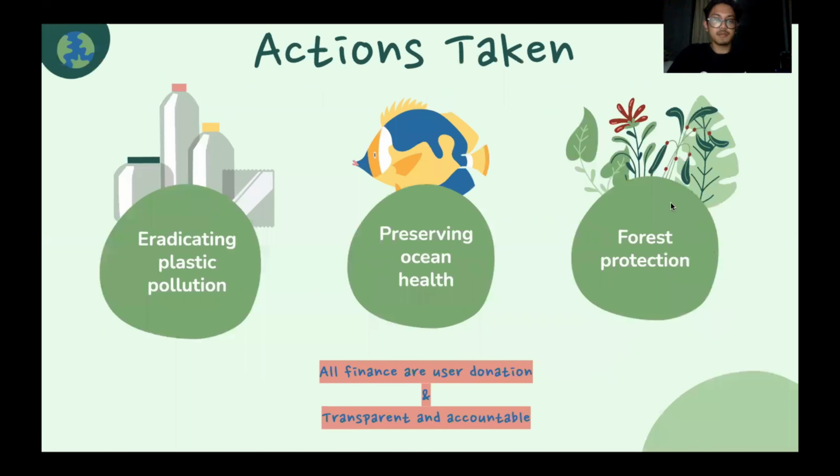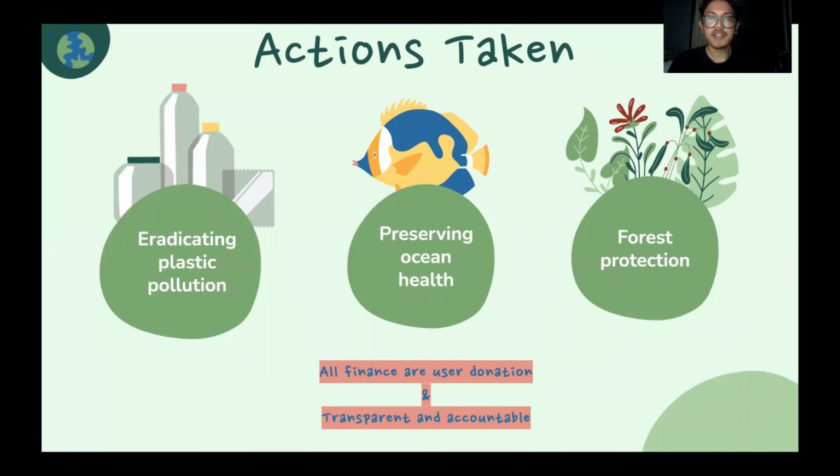So now we will be moving on to the actions taken by the organization in real life. From browsing the website, we were able to analyze the top 3 initiatives that Greenpeace are always highlighting. The first one is to eradicate plastic pollution, or at least minimize it in the short run.